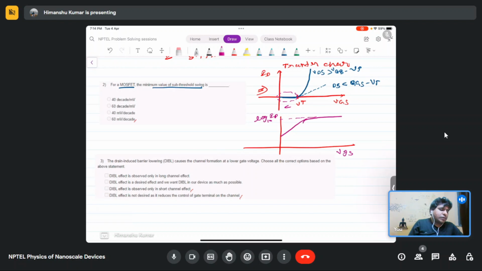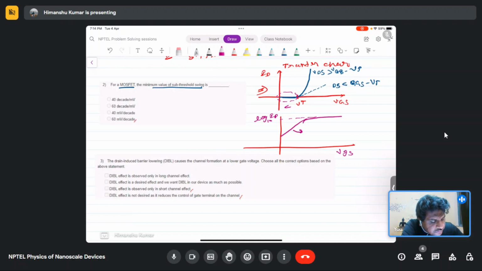So in the subthreshold region, basically these characteristics are linear. The slope of this curve, the ID versus VGS characteristics, is known as the subthreshold slope.